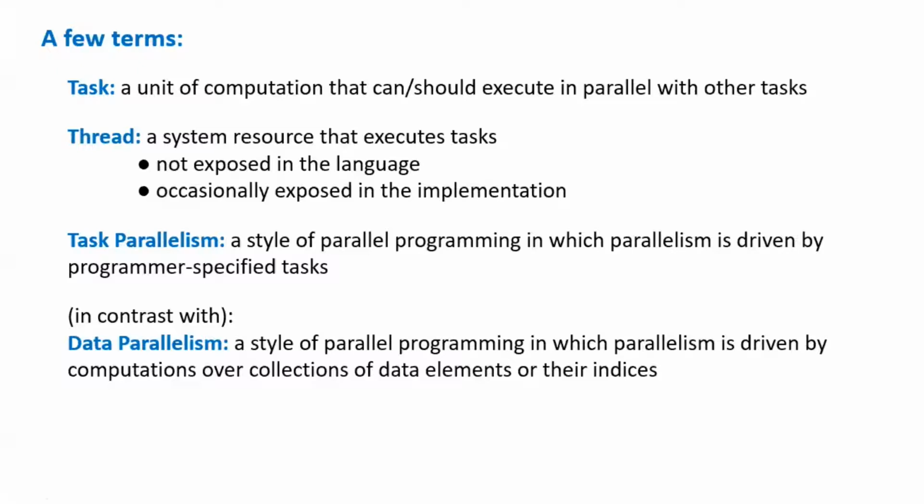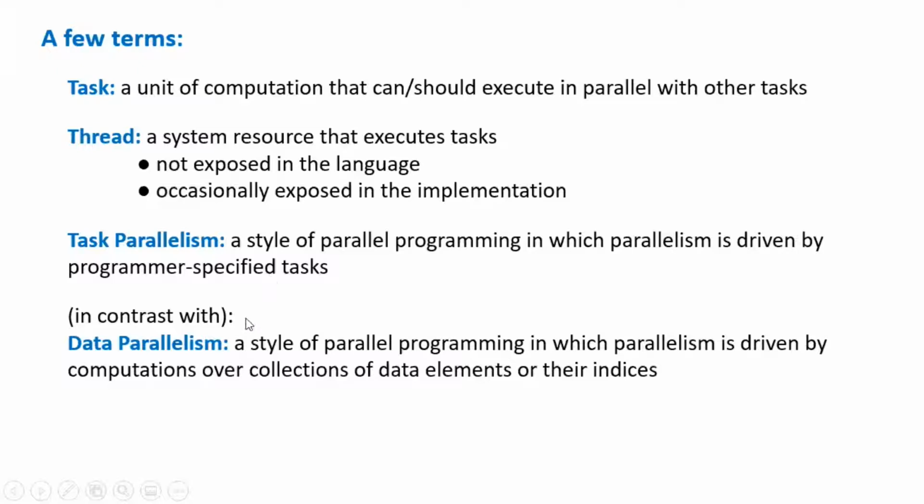When you're writing code, task parallelism or data parallelism will come up, and you will use all of them in real applications. Task parallelism is a style of parallel programming in which parallelism is driven by program-specific tasks.